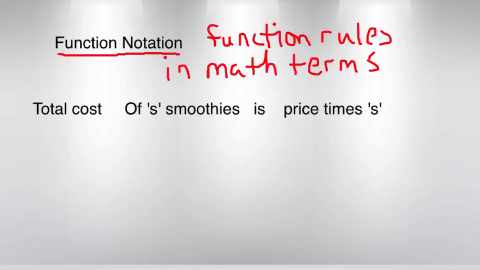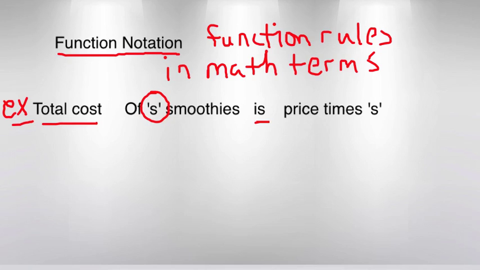Okay, so let's look at an example. This is an example right here. The total cost of S smoothies is going to be whatever the price is times S. So we want to go ahead and put this in simpler terms.